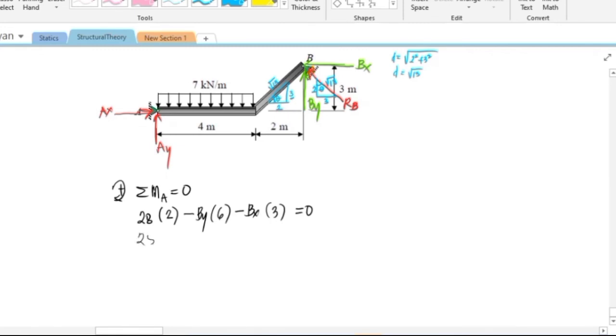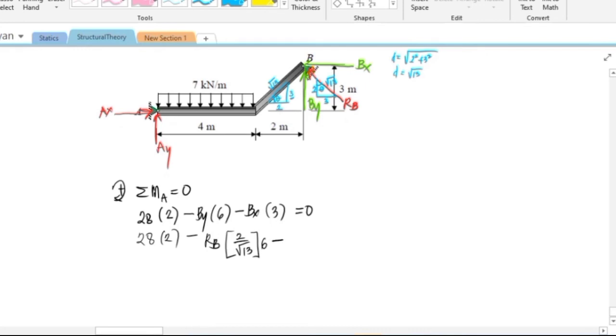We have here 28 times 2 minus the BY, since BY is the y component. So, that is just the RB multiplied by the vertical component 2 over the diagonal square root of 13 times the distance of 6 meters minus the BX.